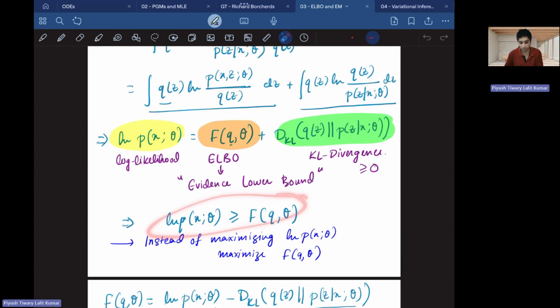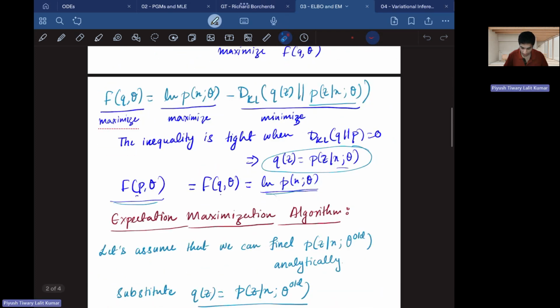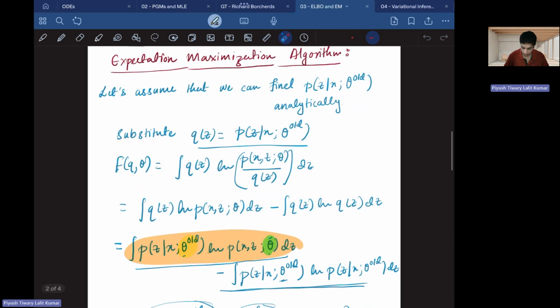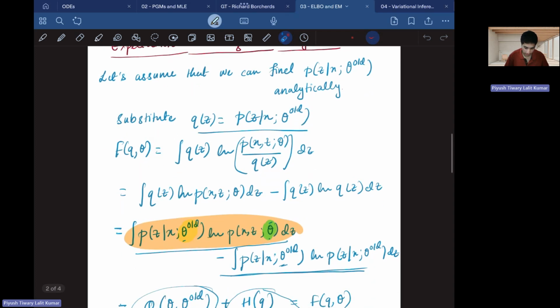The ELBO acts, in some sense, as a proxy to your log likelihood. At the end of the day, we want to maximize this ELBO, and the ELBO is a function of two things: the variational distribution, the Q distribution, and the parameters theta.